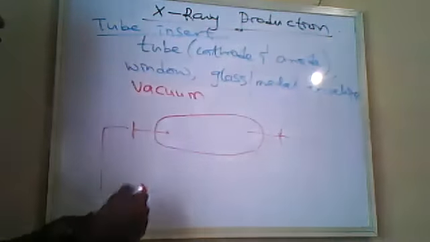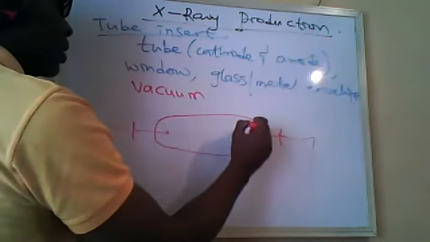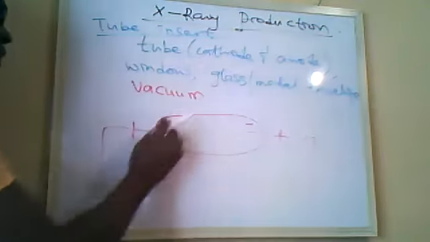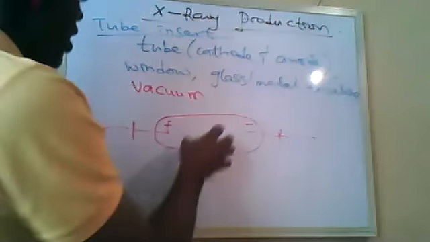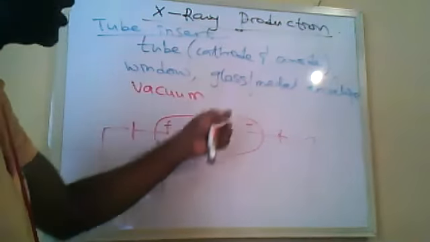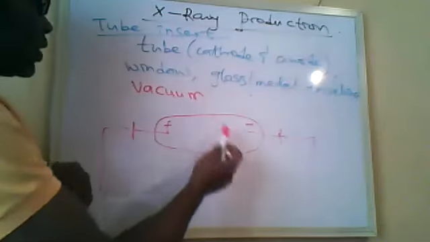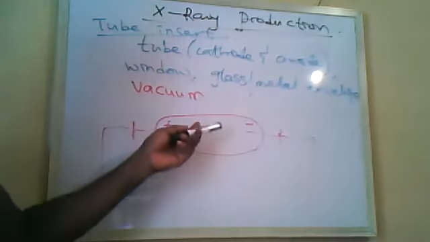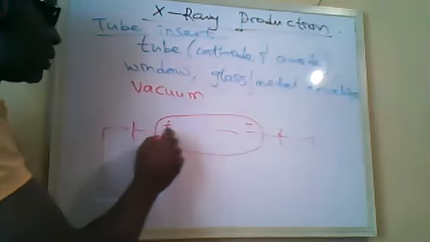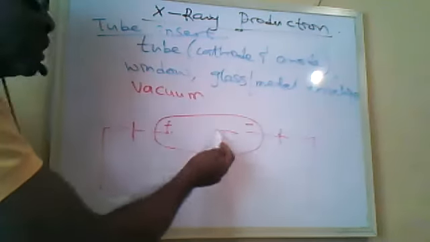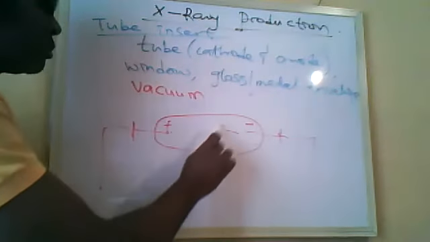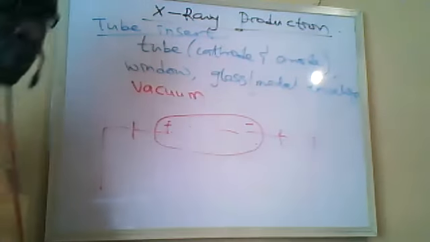This is our vacuum. Let's take this to be a negative electrode and a positive electrode, a cathode and an anode. This glass envelope or metal envelope has to be evacuated so that we essentially have a vacuum. And like we said before, it is essential because as the electrons are moving towards the anode, they shouldn't come in contact with whatever gas is inside, maybe air molecules or whatever.